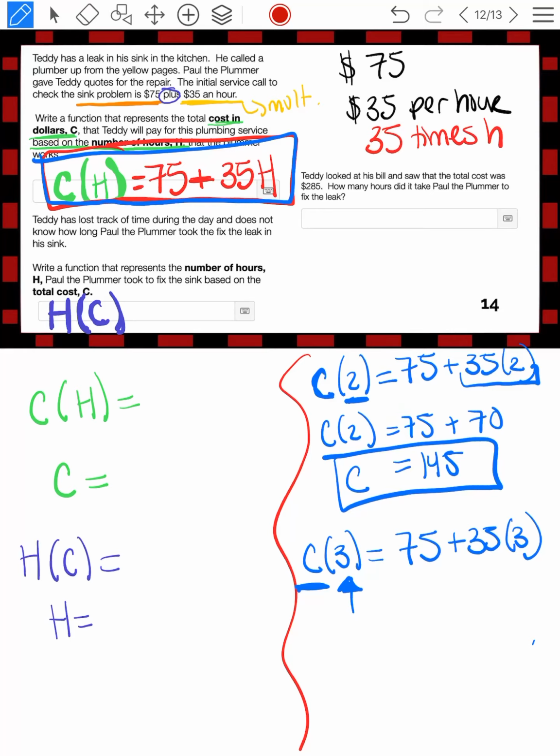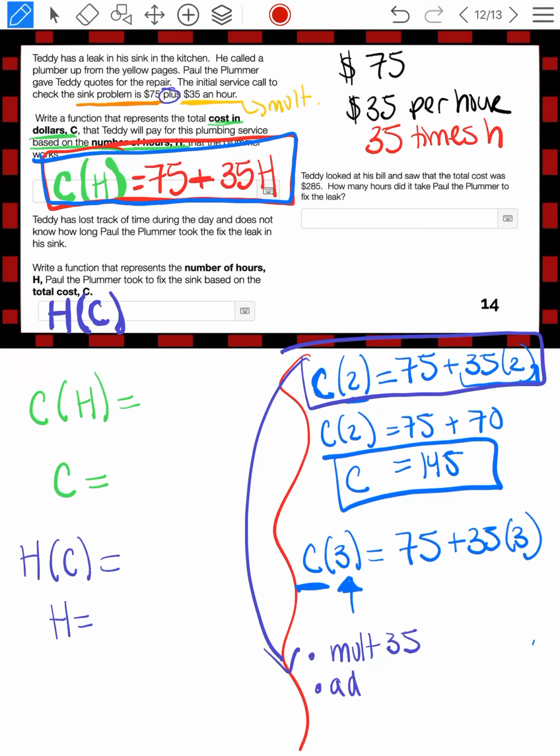So this time we are going to do the inverse of our original steps. So our original steps in our original problem was multiply by 35 and then add 75.